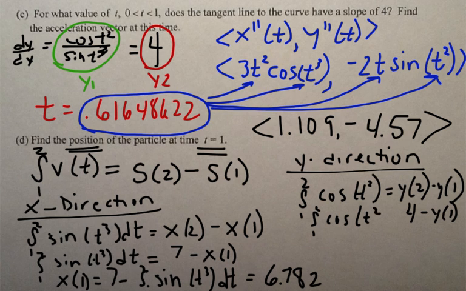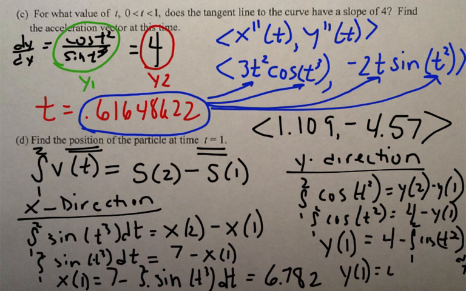So, I'm going to add y of 1 to both sides, subtract the integral from both sides. Y of 1 is equal to 4 minus the integral from 1 to 2 of the cosine of t squared dt. Ooh, running out of space here. Y of 1 will equal 4.443 when you type that in your calculator.